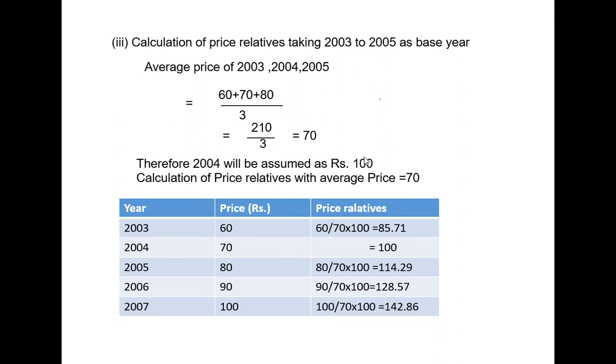Okay, let's move on. So you notice that with the simple aggregative method, weights are not provided. The weight of the item is very important. When I say weight, in terms of quantity or relative importance, that of the item is very important.